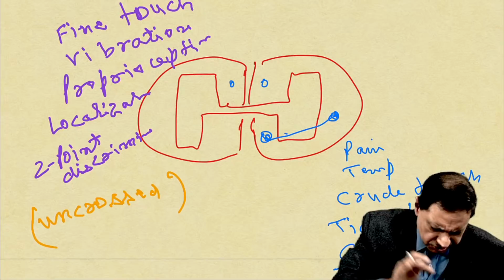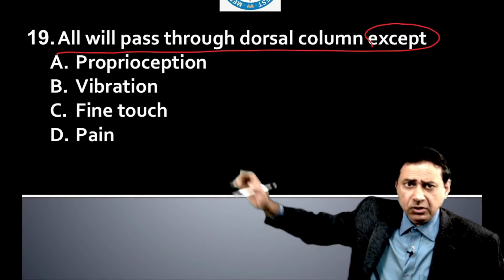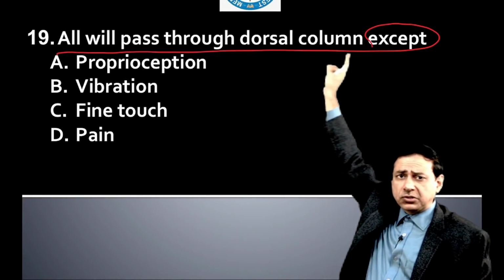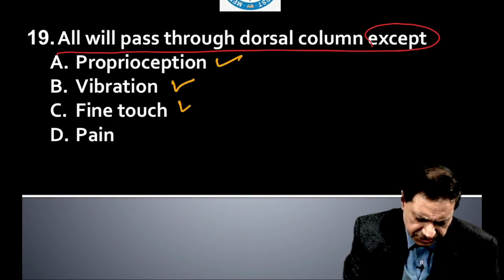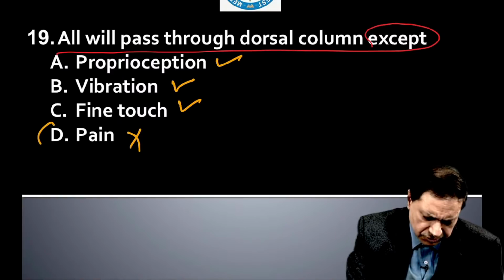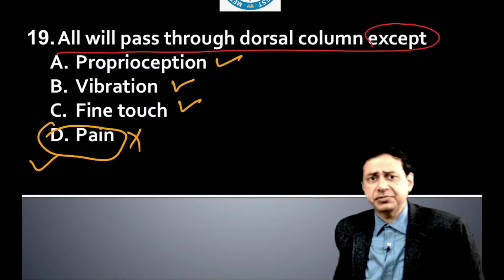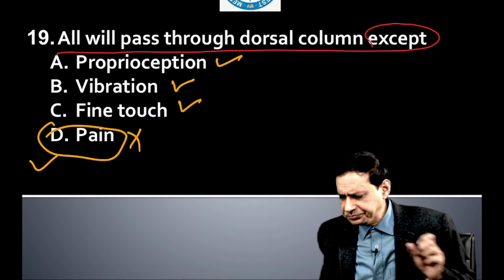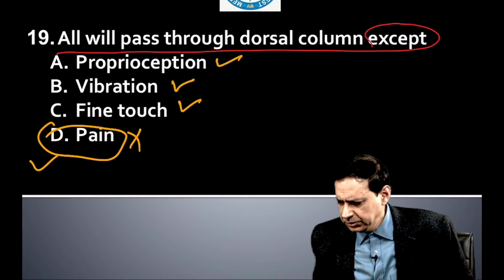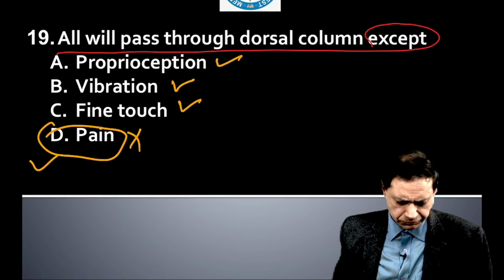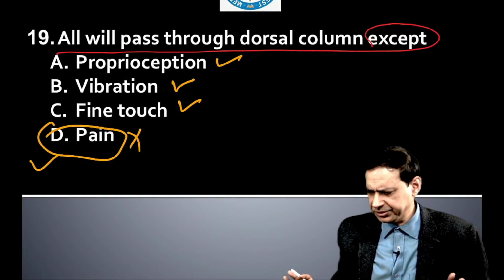So what is the question here? All will pass through dorsal column except: proprioception, yes. Vibration, yes. Fine touch, yes. Pain, no. So this is the answer. Pain will go through the anterolateral system. Okay? Simple, you just have to remember this.